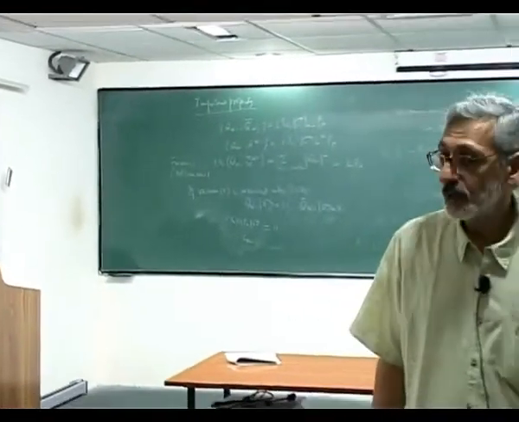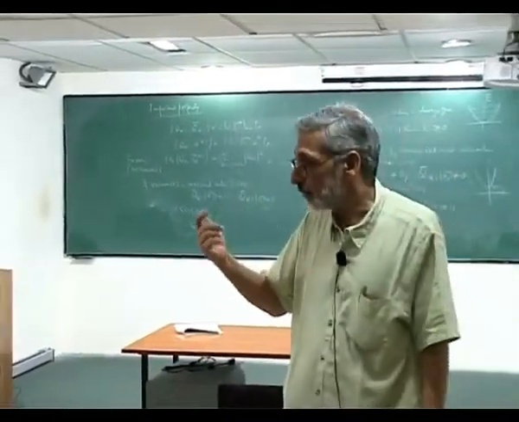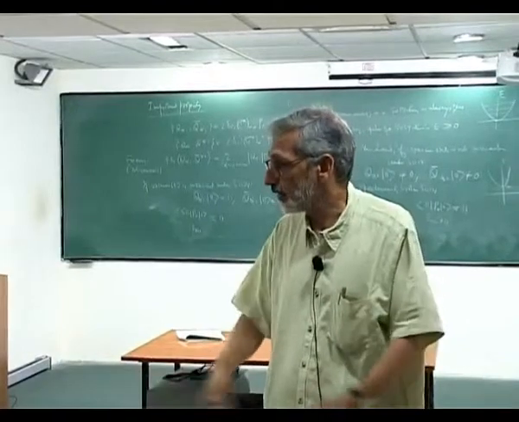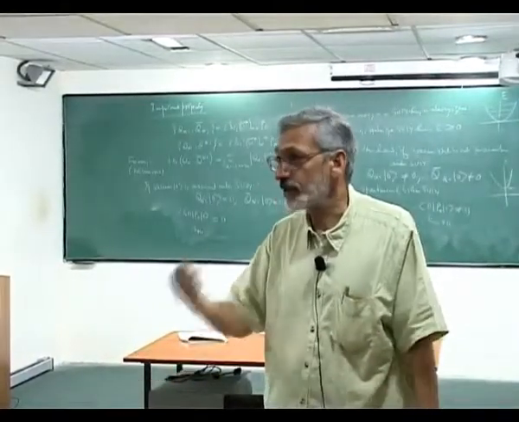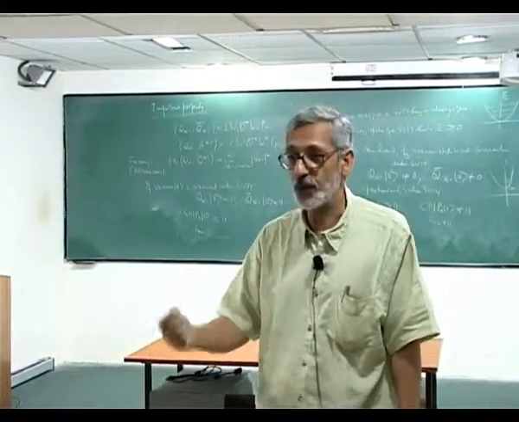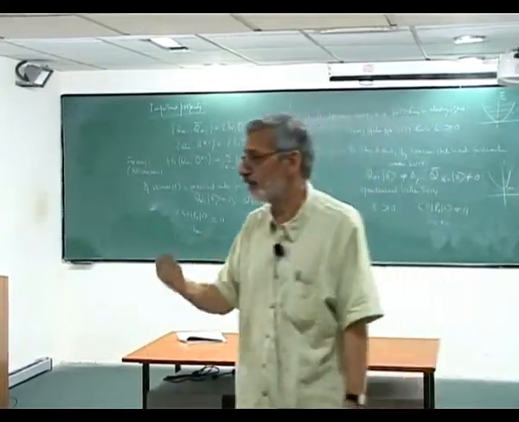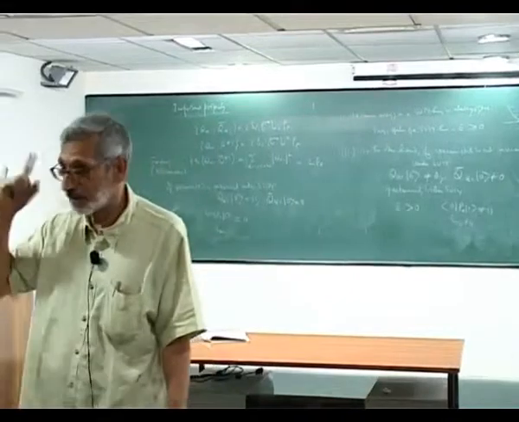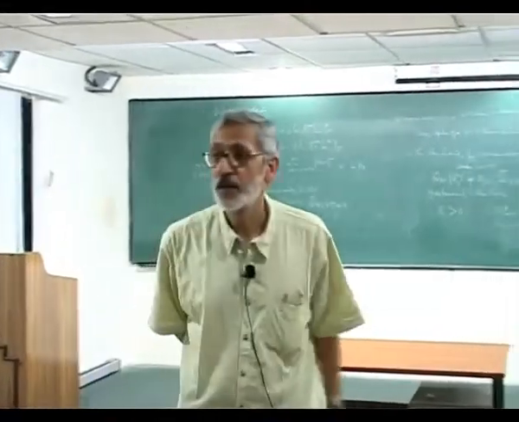So in that theory, under perturbation, whatever I do, the vacuum state has always zero energy, and the potential has a minimum always at zero. That's because that theory has this invariance.